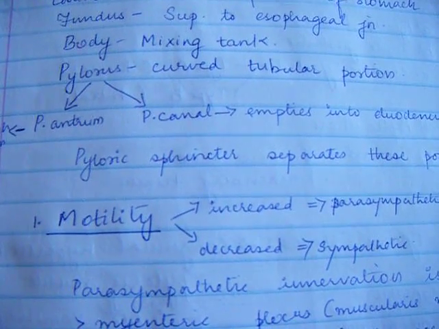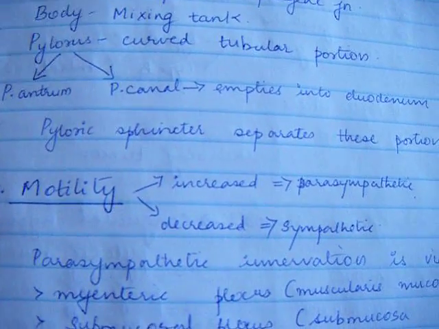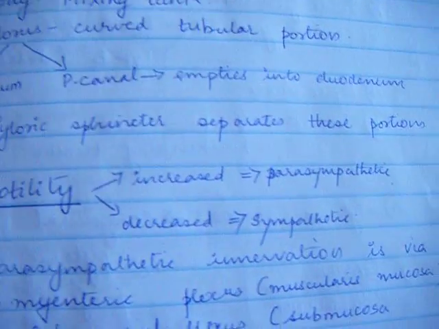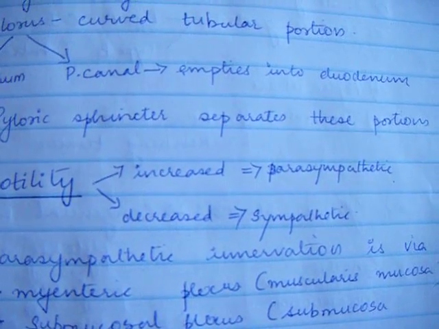Now the first portion which we are going to discuss about the stomach is the motility. There is increased motility which is caused by parasympathetic, and decreased motility is due to the sympathetic innervation.